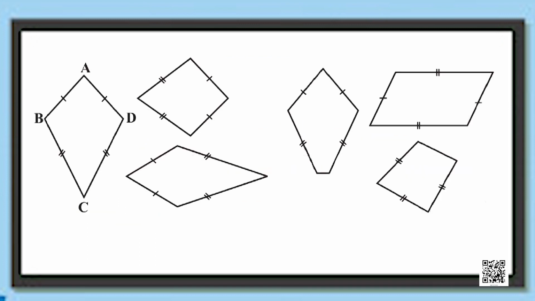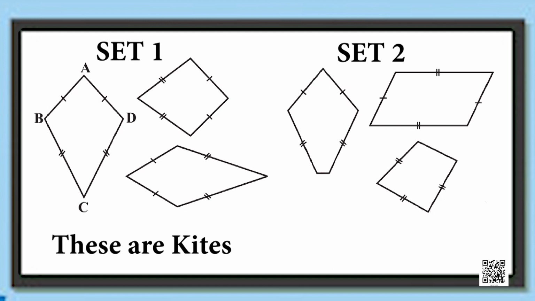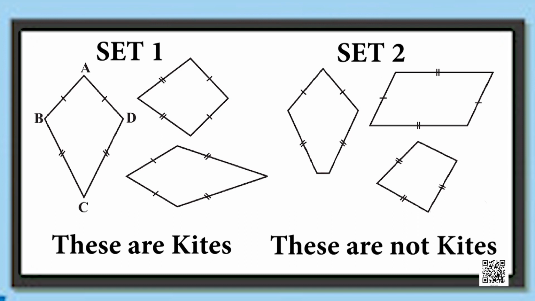Children, let us observe these 2 given sets of quadrilaterals and find which amongst them is a set of kites. Set 1 is a collection of kites, whereas set 2 is not a collection of kites, as they do not have one pair of adjacent sides which are equal.